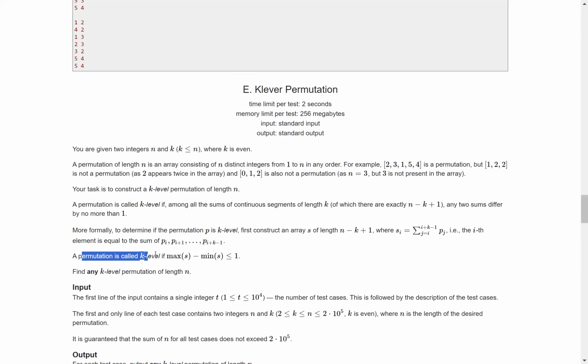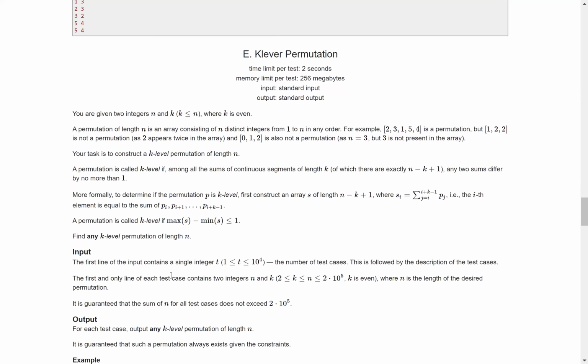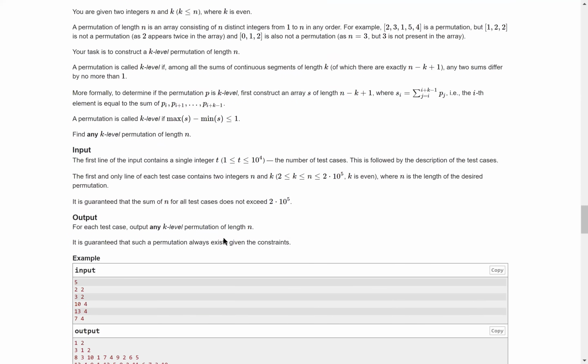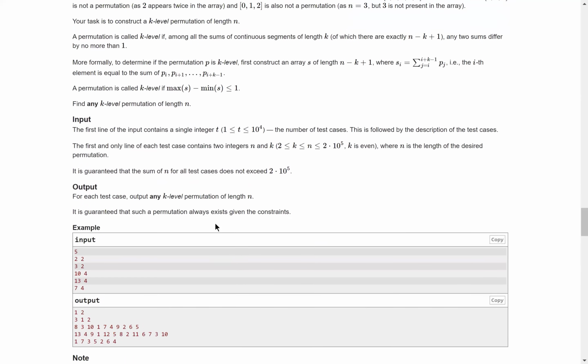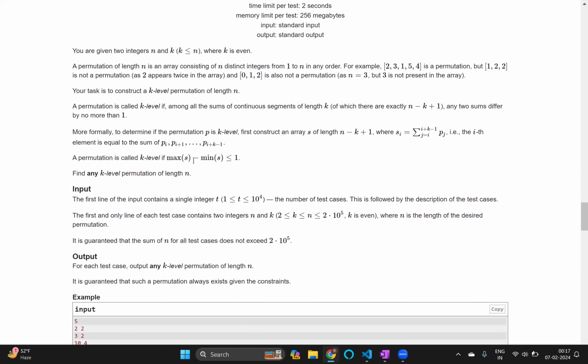Then the permutation is k level if the maximum of S minus the minimum of S is less than or equal to 1. And we have to find out any k level permutation of length n. We will be given n and k, and we will have to print a permutation of length n such that it is a k level permutation.